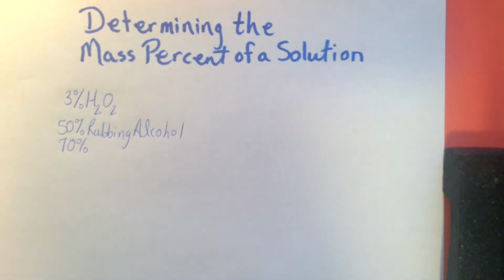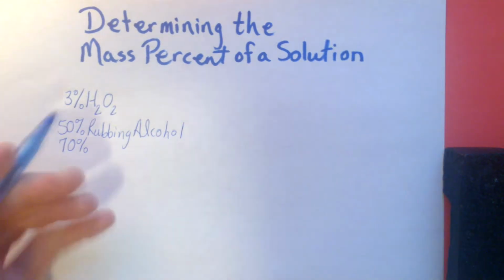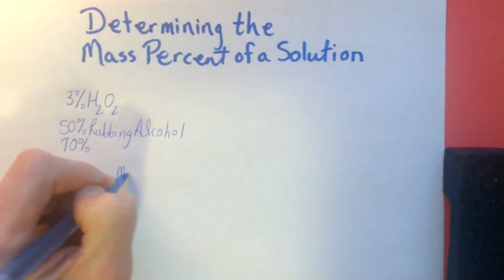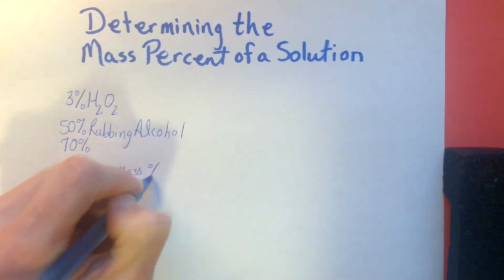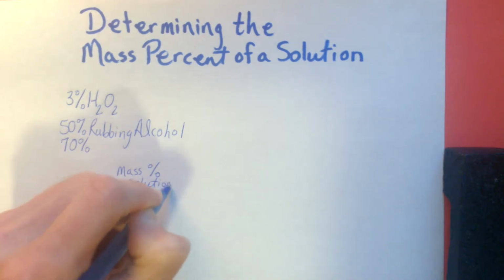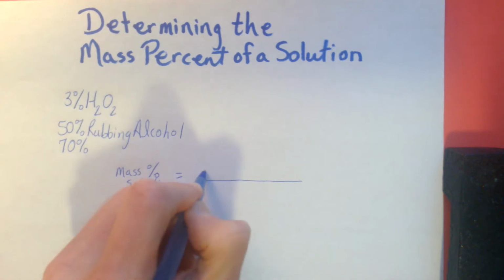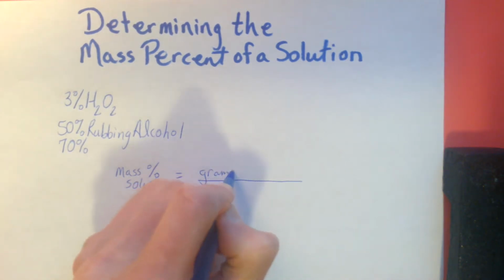Well, how we determine these percentages is by using a simple formula where the mass percent of a solution is equal to the grams of solute.